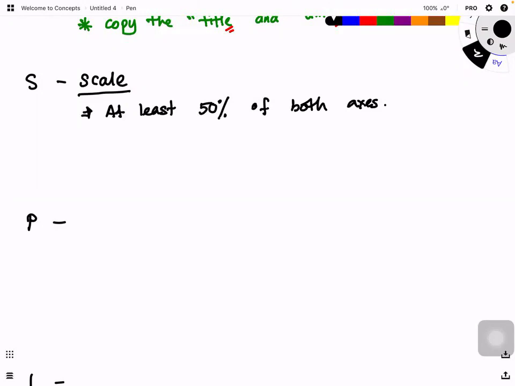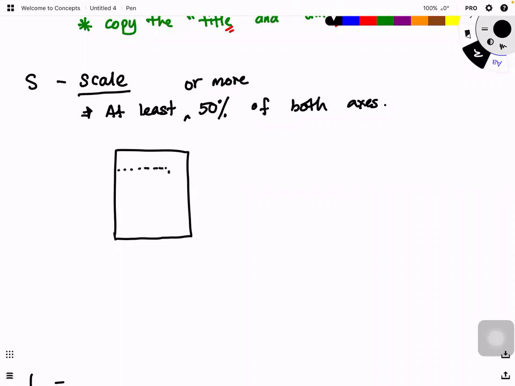So if I give you a graph paper like this, your plot has to cover more than 50%. So it means that your graph should cover at least about 75% of your graph paper.